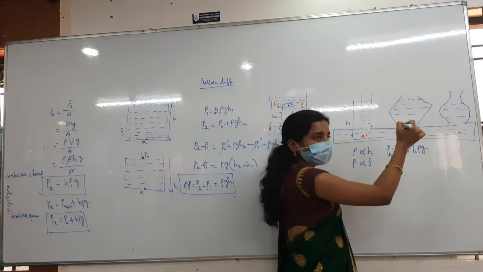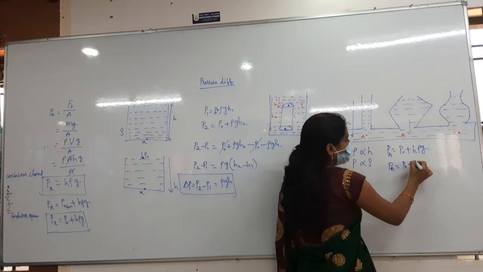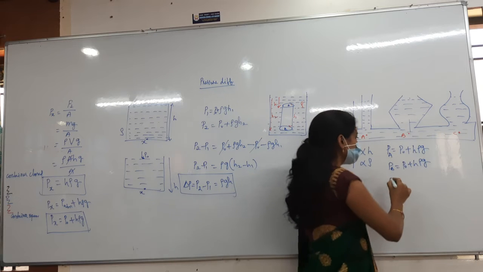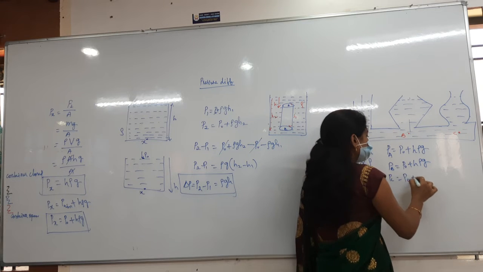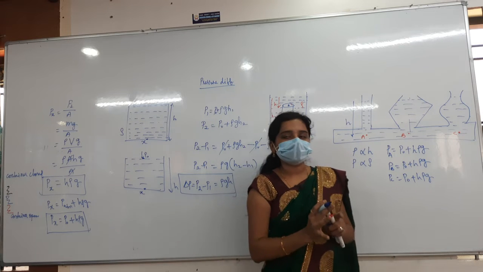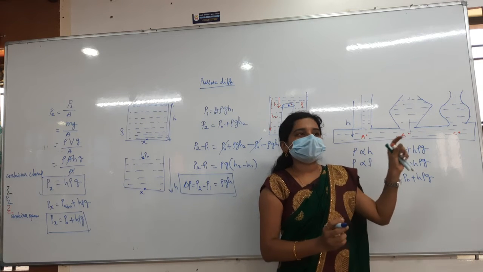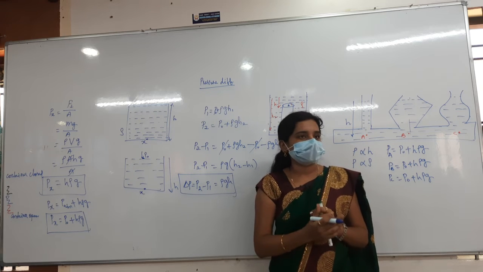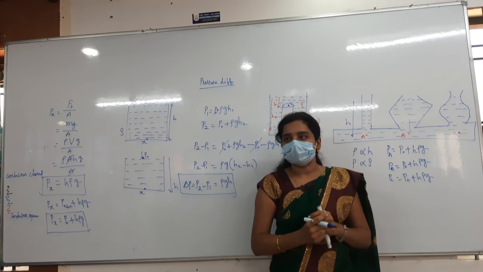Same height H only. So again I can write P naught plus H rho G. Again the same thing only. Third one also, PC equals P naught plus H rho G only. So clearly I can conclude that at all points at the same height the pressure will be the same, however many points there might be, at the same height from the top surface.